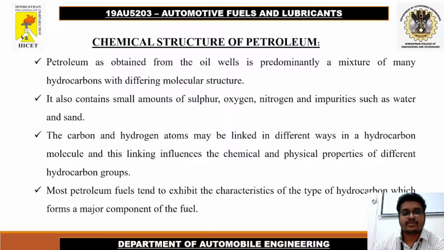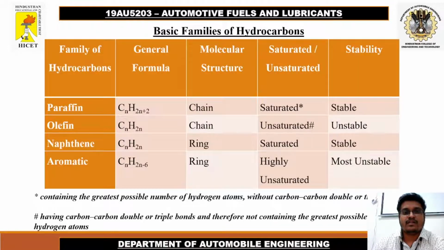Most petroleum fuels tend to exhibit the chemical characteristics of the type of hydrocarbons which form a major component of the fuel. The table shown here gives you the full details of the general formula, molecular structure and the saturation or unsaturation of different kinds of hydrocarbon families.